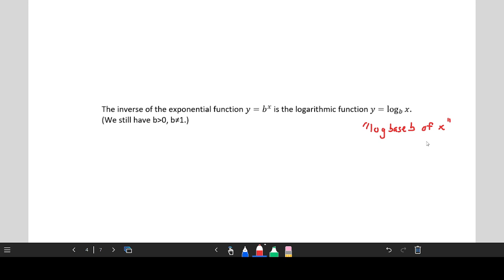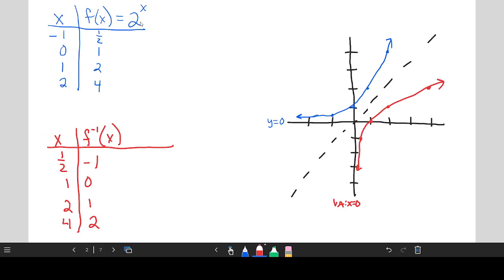X is the input. That notation out front, log base b, b is a subscript, by the way, on that log. So it's log and then a subscript of b. Log base b is just the name of the function, just like square root is the name of another function. So, like I said, if your base of your exponential is 2, like it was here, then the inverse function is going to have a base 2 as well.